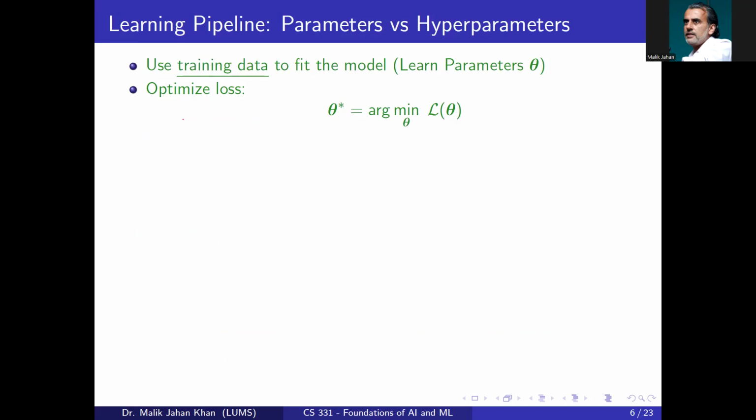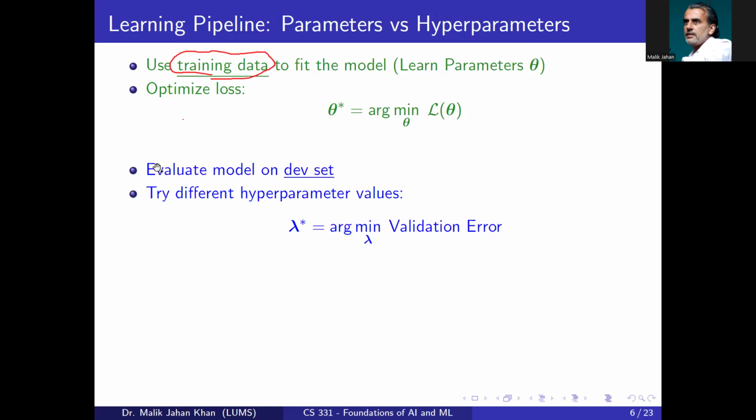Okay, so what we know is that our task is to learn the parameters. And for that purpose, we use our objective function. We want to optimize the objective function, and we learn theta star by optimizing it. So over here, you can see that the main thing which we have to be explicitly careful about is that our subset, which we call S_train, will be used to fit the model to learn the parameters.